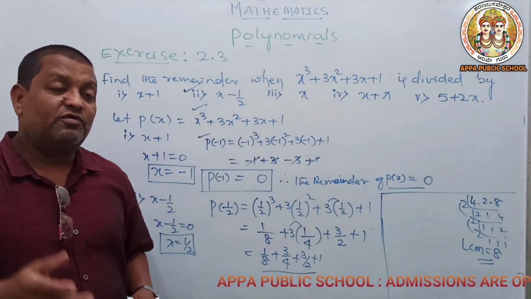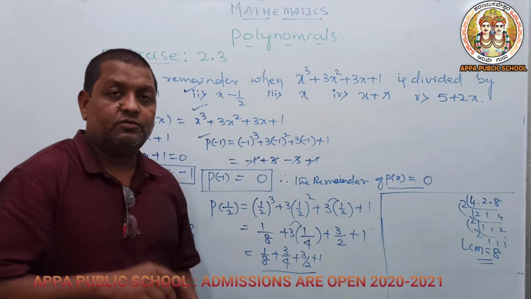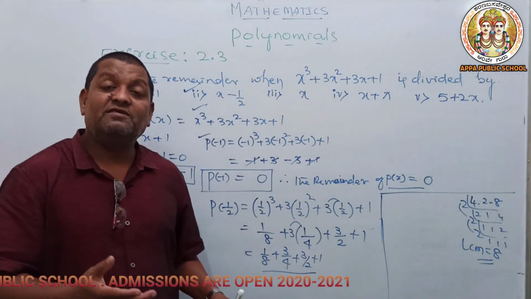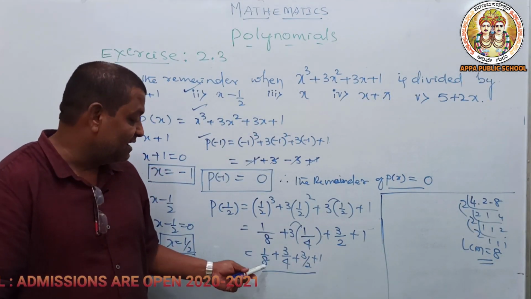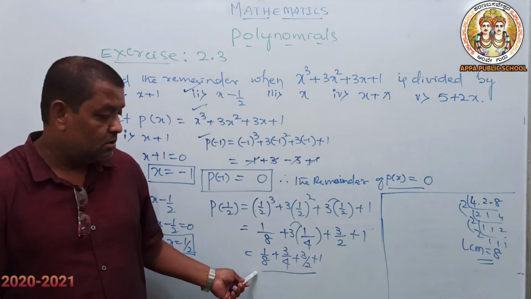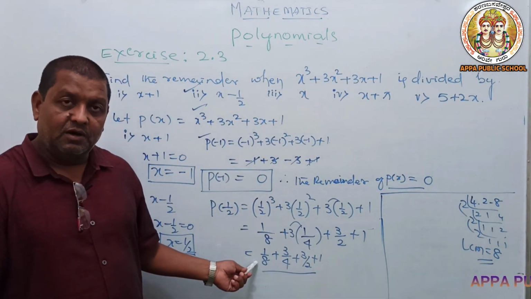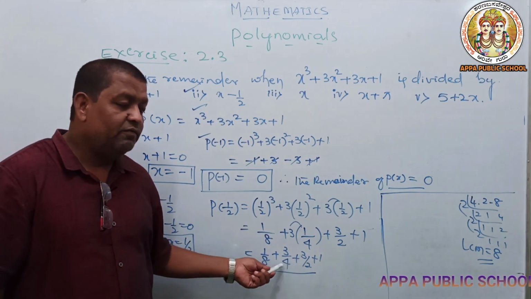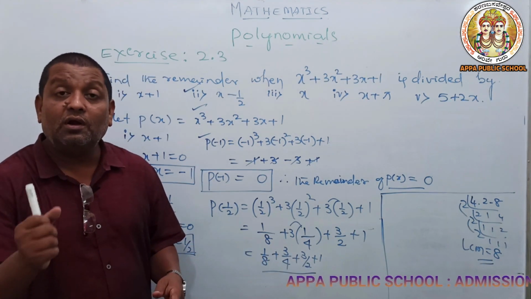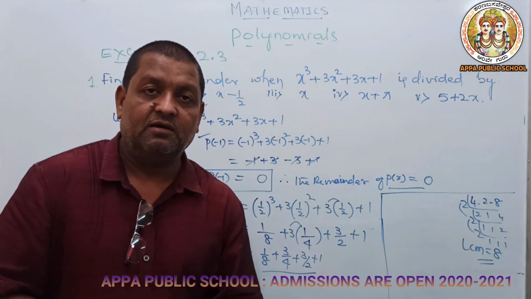So this is the procedure to find the LCM of the fractions. But if you are smart, there is a direct method you can write. We can write 8 is the LCM. How? See, 8 is a number in which 2 and 4 are factors. 2 and 4 are factors of 8, which means you can directly take 8 as the LCM.